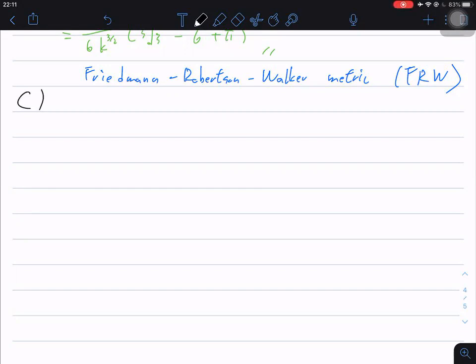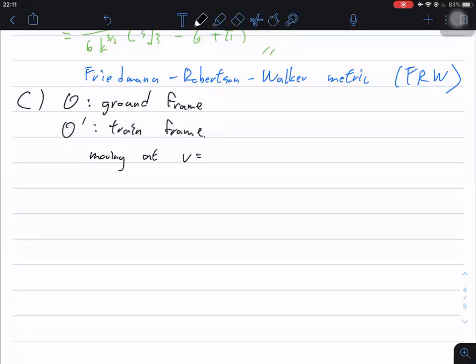Okay, so first of all, let O be the ground frame and O prime be the train frame. And this train frame is moving at v equals 4c/5, let's say in the x direction, because this problem is a 2D problem.